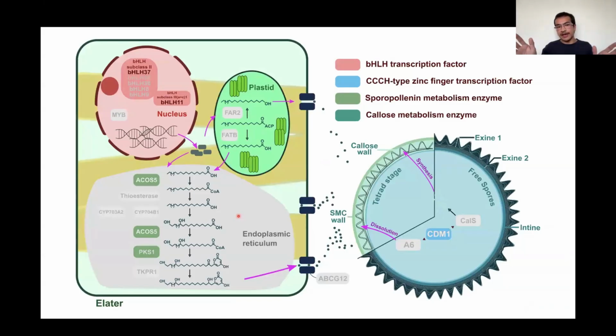So finally, we land at the liverwort pathway of sporogenesis and sporopollenin production, whereby the genes that we have studied so far is we know subclass 2 and subclass 3AC bHLHs act together to regulate downstream biosynthesis genes such as ACOS5 and PKS1 within the elaters, and they are likely exported by ABCG12.